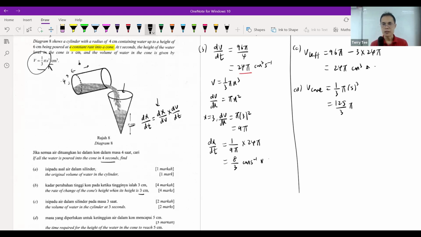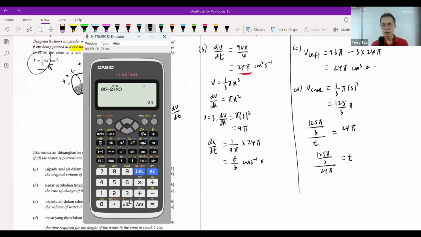Can't simplify. Now, the water is poured inside the cone at this rate, right? 24 pi. So we know volume divided by time will give us the rate. So to find T, basically you take 125 pi/3, you divide by 24 pi, you get the time.